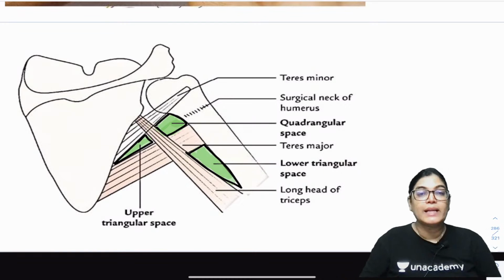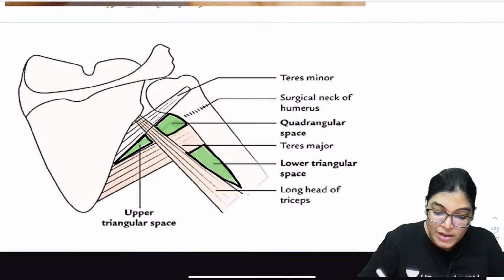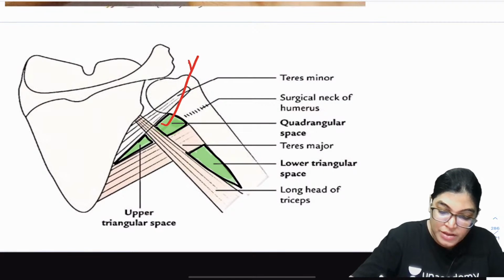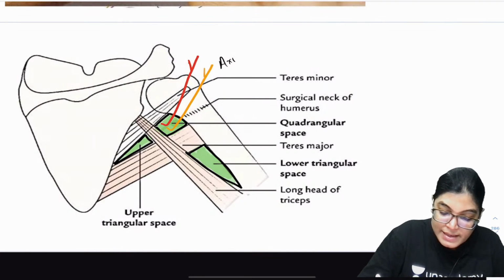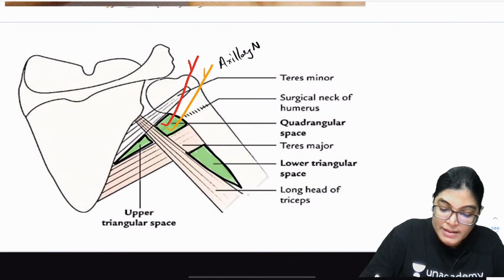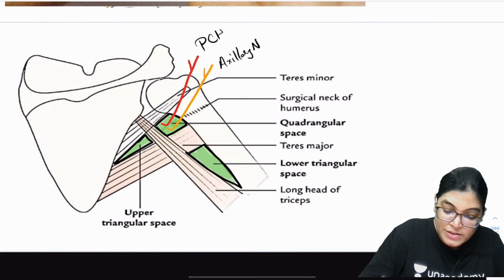Now what is important is which structures are passing. The structures passing through the quadrangular space are an artery and a nerve. The nerve is the axillary nerve, and the artery is the posterior circumflex humeral artery.